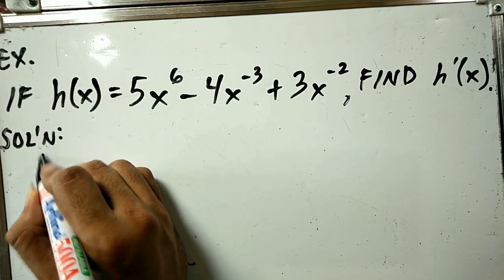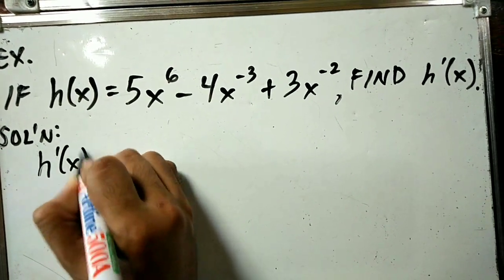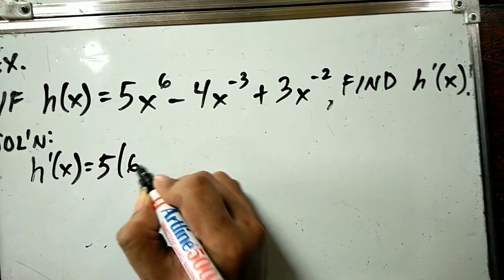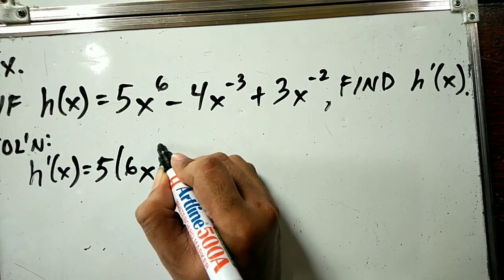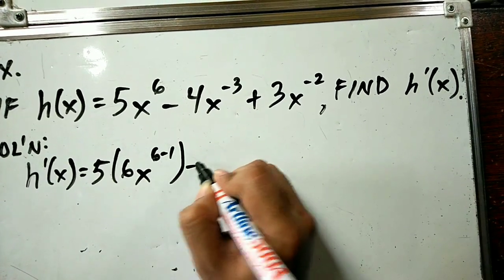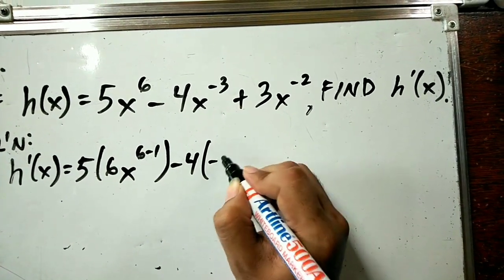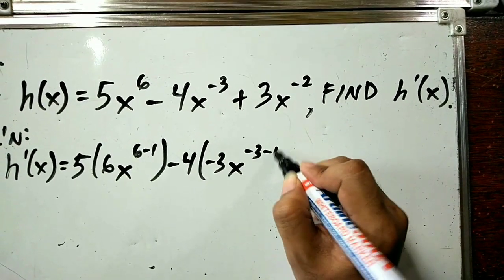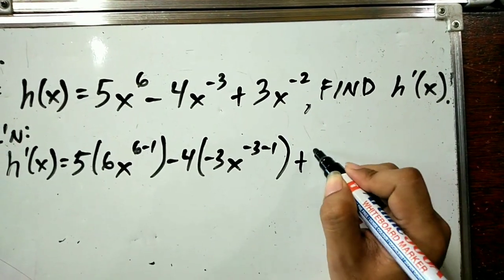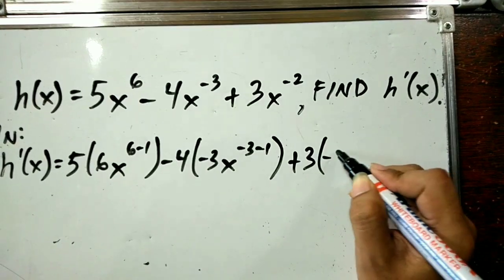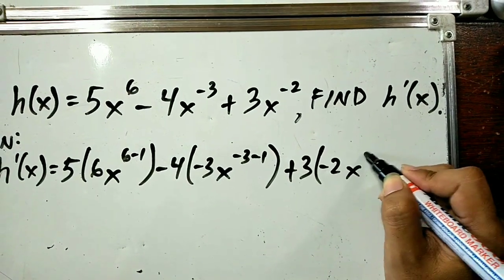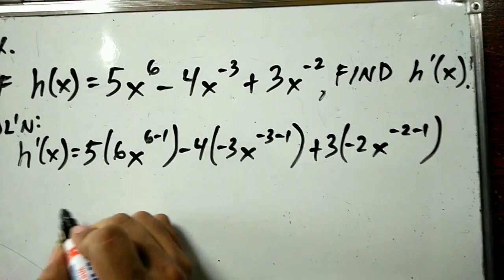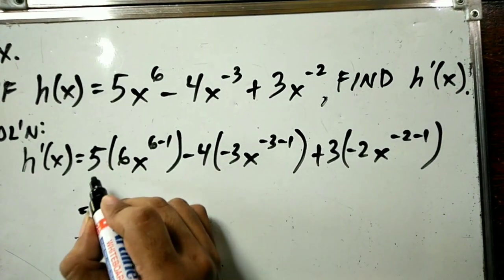Okay, madali lang po to. 5 times 6x to the 6 minus 1, minus 4 times negative 3x to the negative 3 minus 1 plus 3 times negative 2x to the negative 2 minus 1. Dali na lang yan.